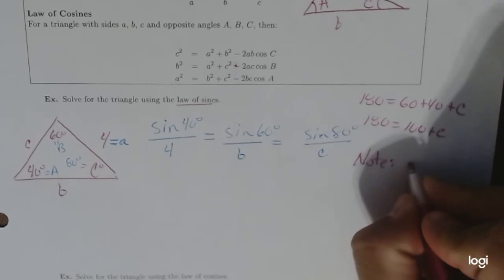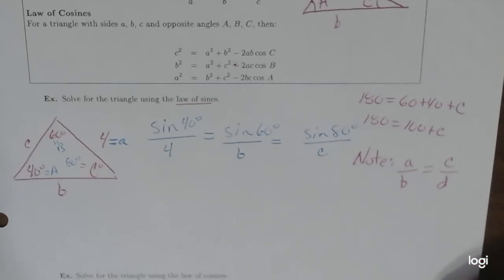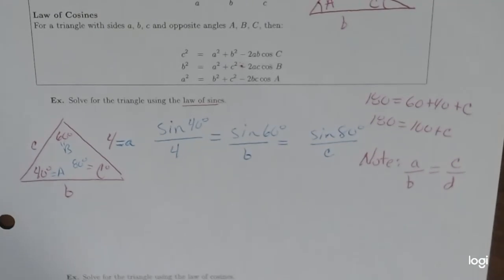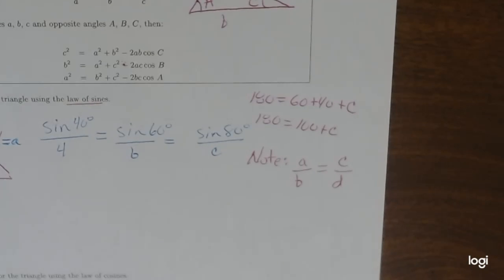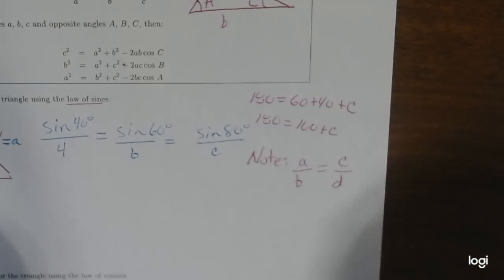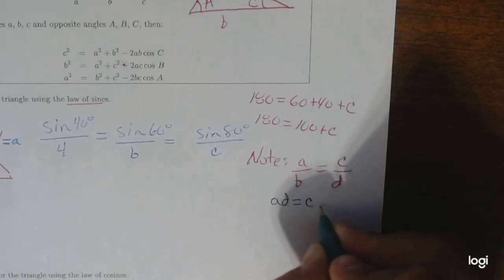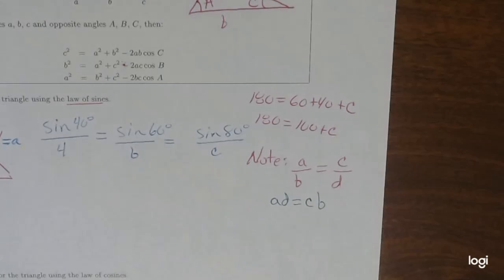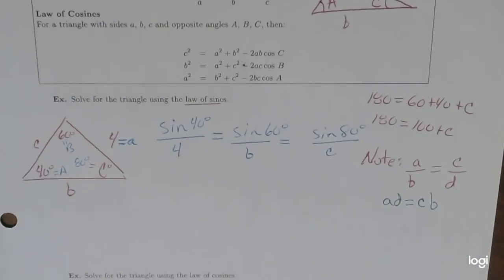Whenever you have two fractions equaling one another, let's say A over B is equal to C over D, you can technically cross multiply, and you get AD is equal to CB. So that's the proportions equation.